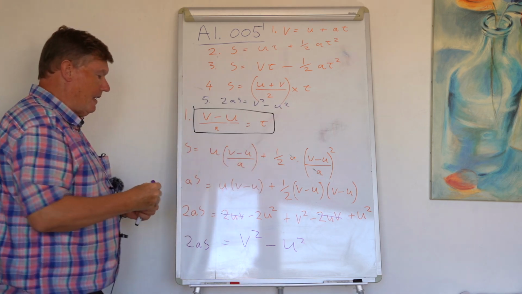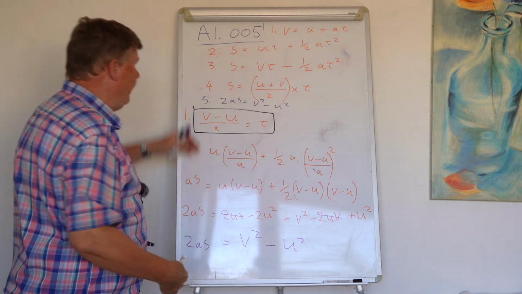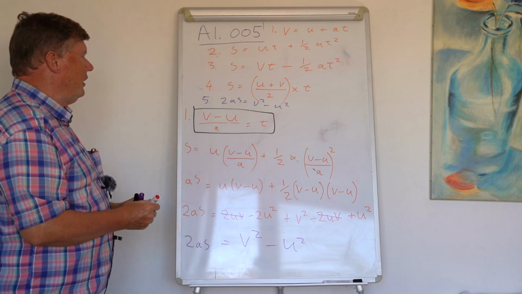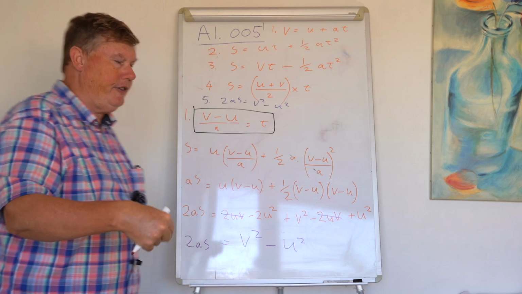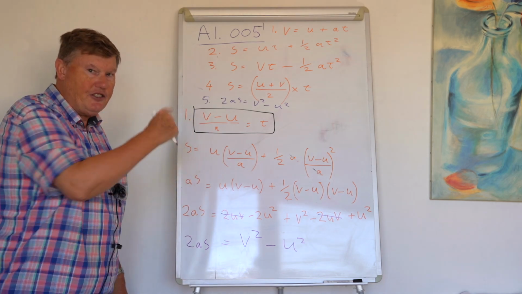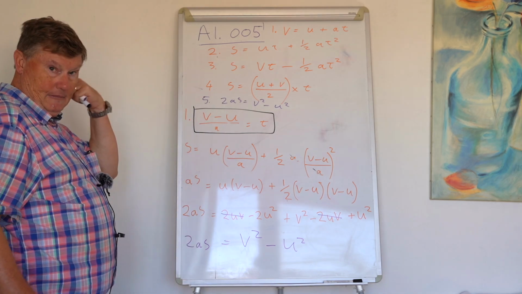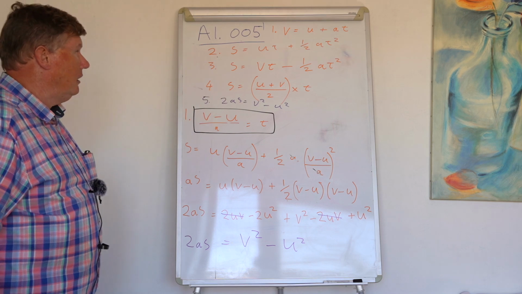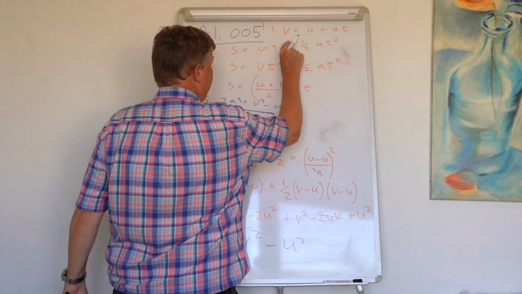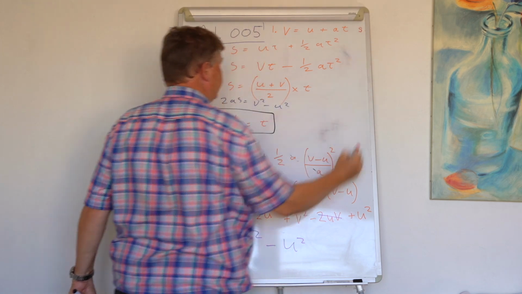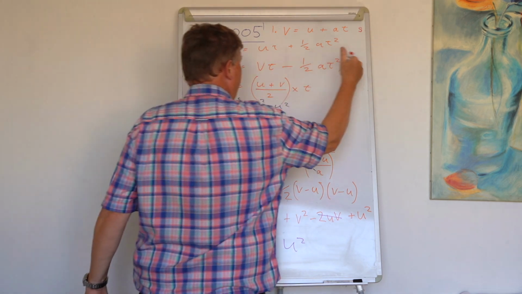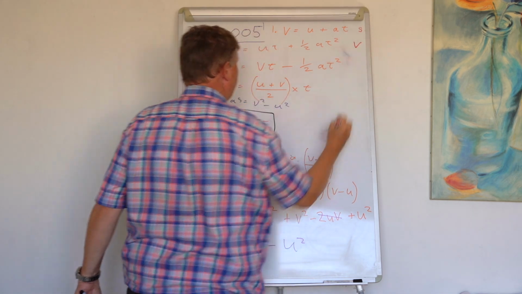Now, here's the interesting thing. If you look at all of these, you'll notice that they all have 4 of the 5 SUVAT things in them, and they're all missing 1. Let's write down for each one which one is missing. Do you agree that this one is missing s? This one is missing v.